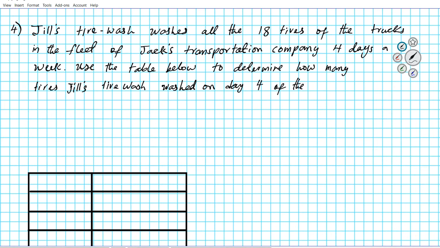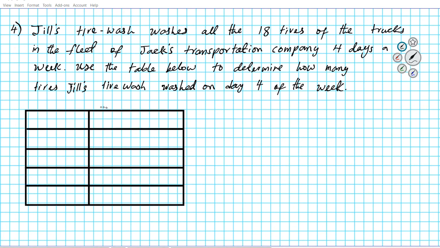All right, so let's consider this table down here. Let's say the first column is day number, and the second column is number of trucks washed. Alrighty.